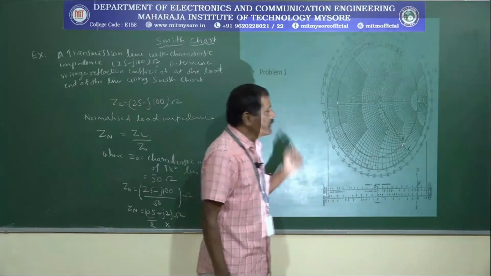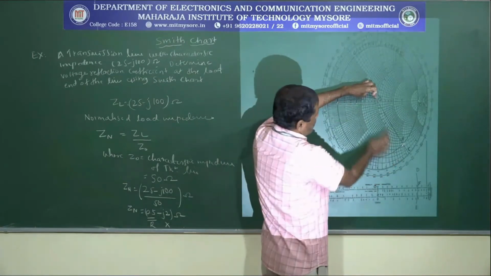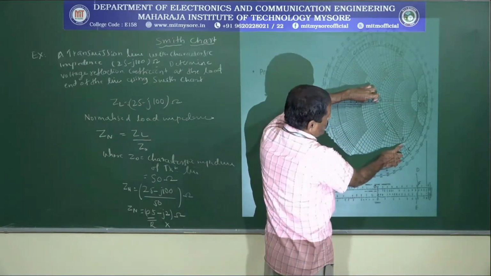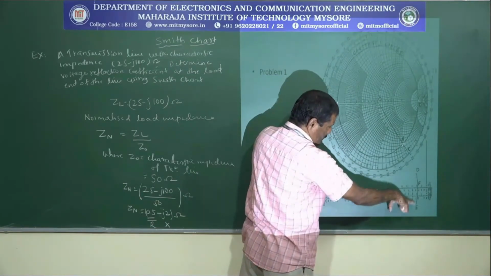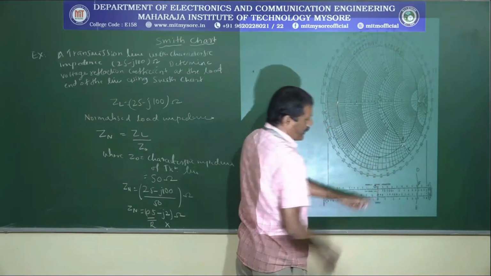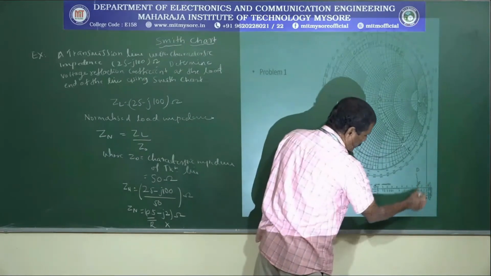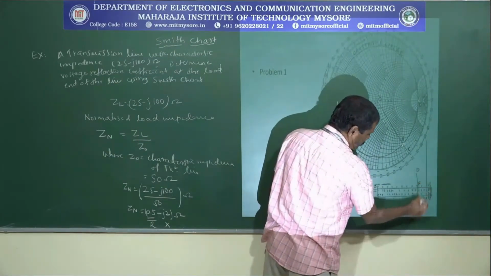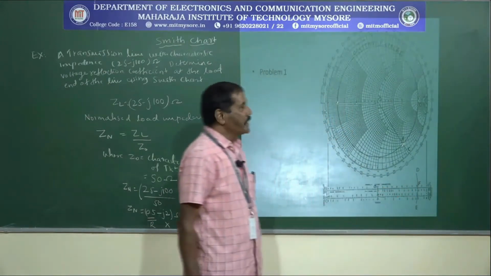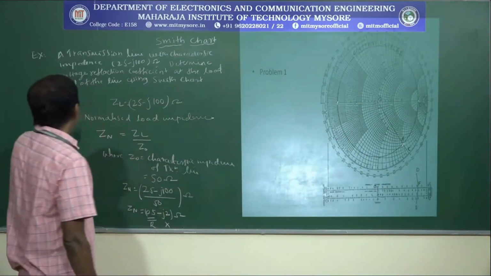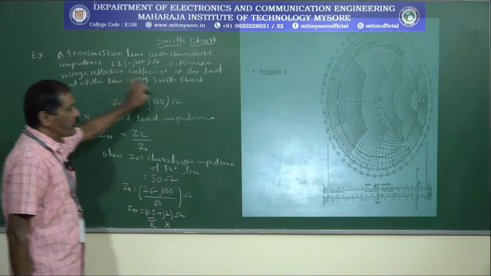Once you get this, now take a compass with a value equal to A. With O, see this A, from the compass, put a mark on this. So you are getting this particular line. Now this particular point is going to give you the voltage reflection coefficient.